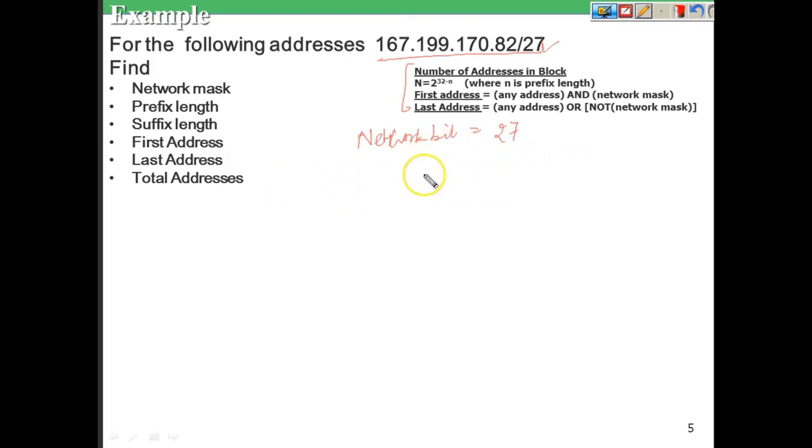So how can I get these 27 bits? If I have 4 octets given to me, then 27 bits means 8, 16, 24 and 3. So here all ones, all ones, all ones, and here only 3 ones are there, and the remaining are 0. 1, 2, 3, 4, 5, 6, 7, 8.